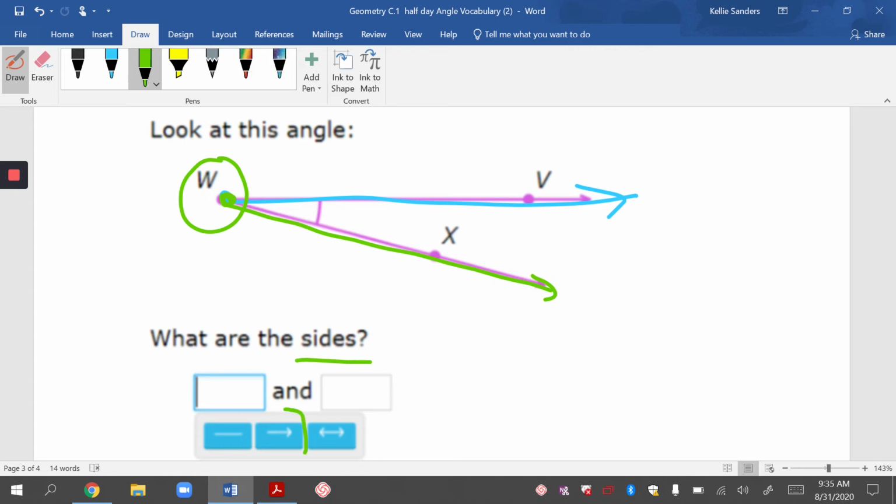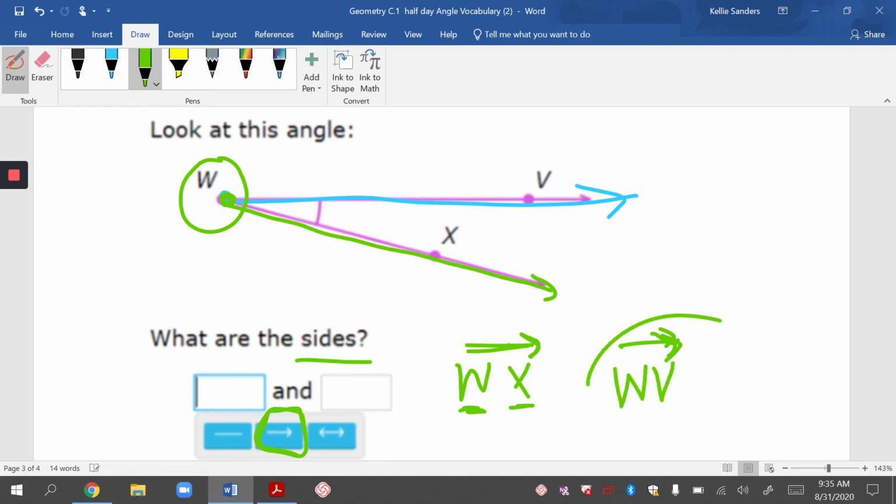If you're naming the rays, then we must use the ray symbol. And don't forget that if you're naming rays, the endpoint must come first, and then the other point that it goes through comes second. So ray WX and ray WV would go into these 2 boxes.